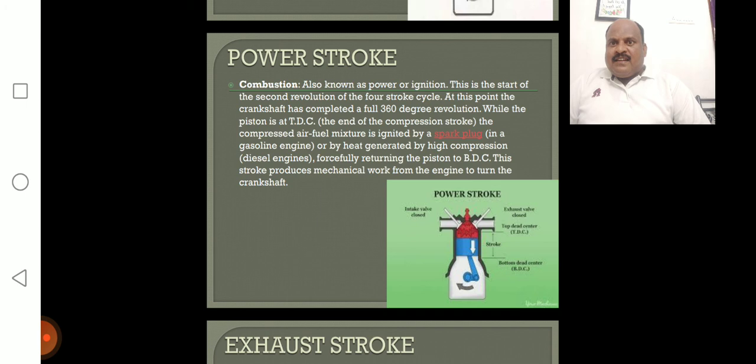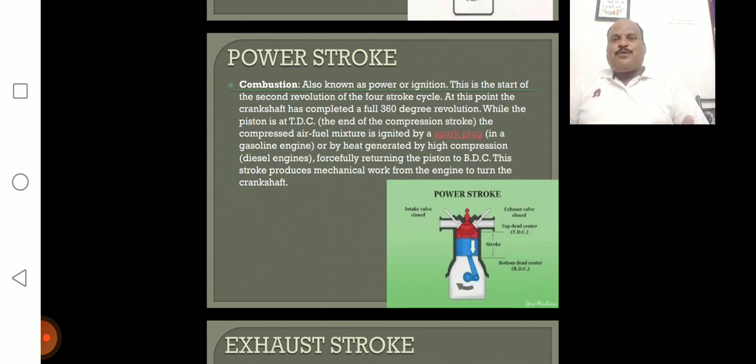The piston is forcefully pushed back when we ignite from the spark plug, and the air and fuel mixture is burned. When the air and fuel mixture is burned, there is full gas pressure, because the gases are trying to expand, and both valves are closed.